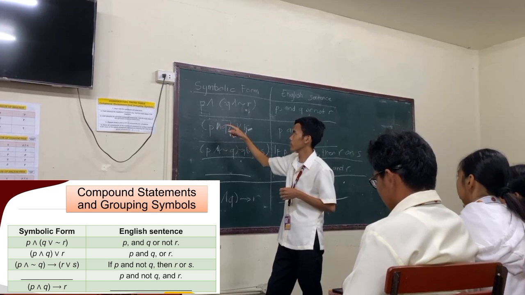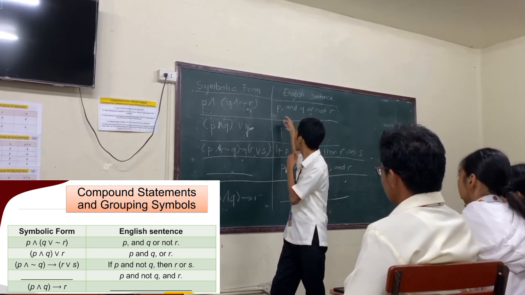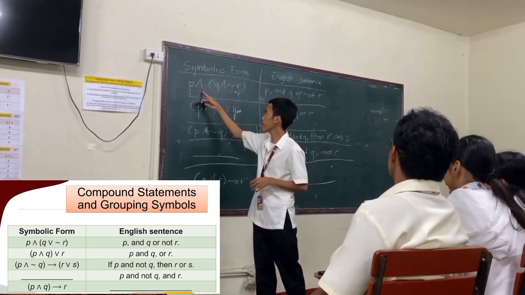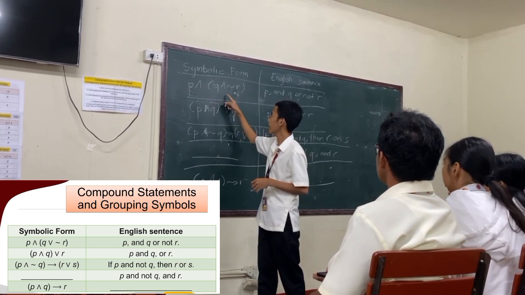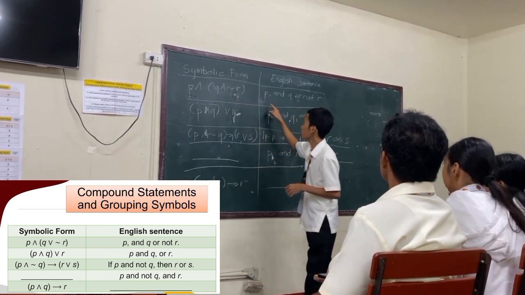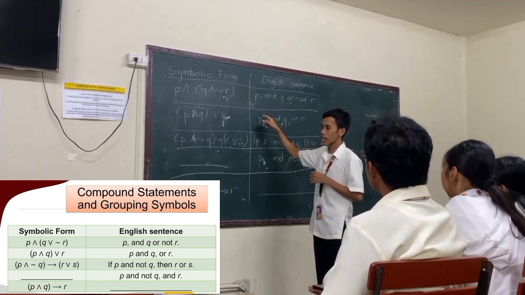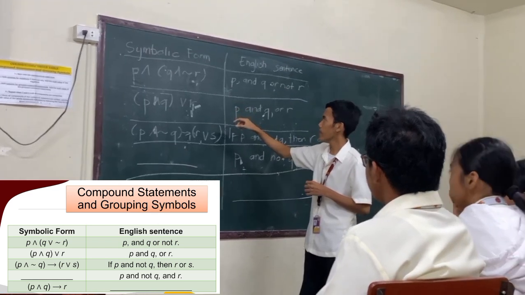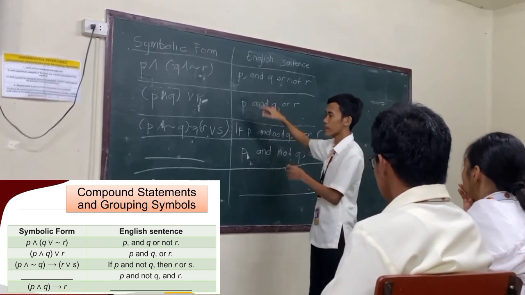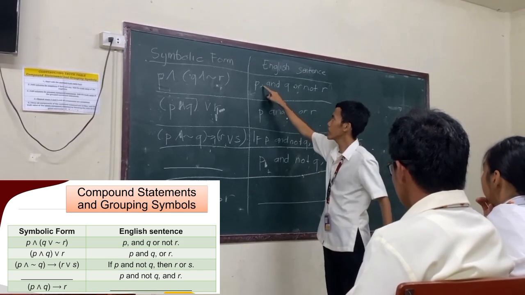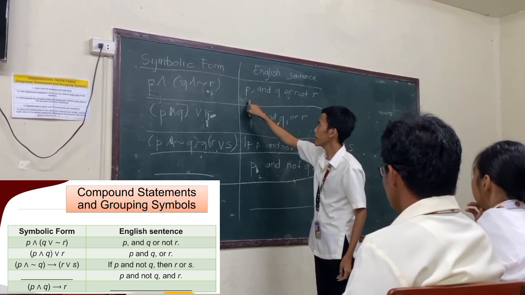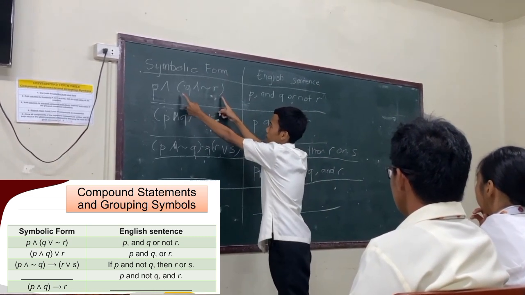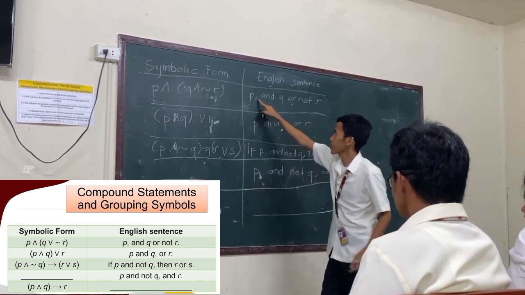To read this as an English sentence, P and Q and not R. So para malaman natin kung alin yung statements na magkasama sa English sentence, we use the comma. So P is separated from the two statements that are grouped together using the comma.